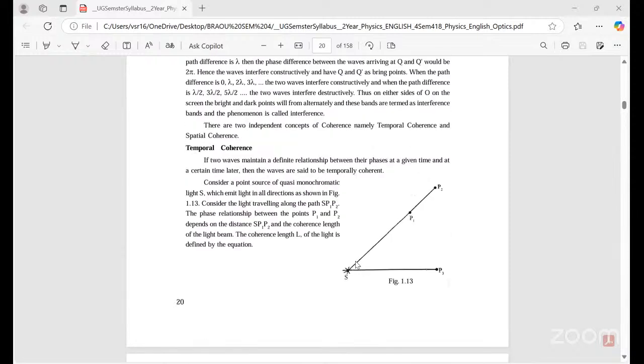Consider a point source of quasi-monochromatic light which emits light in all directions. Consider the light traveling along the path SP1, P2. If the light is traveling in this direction, consider the phase relations.